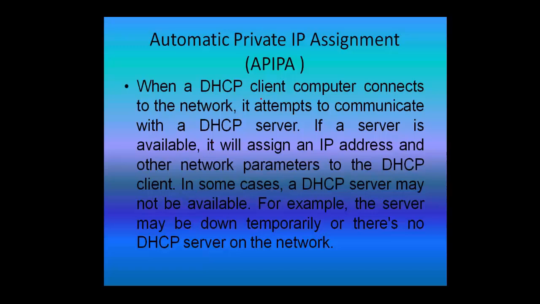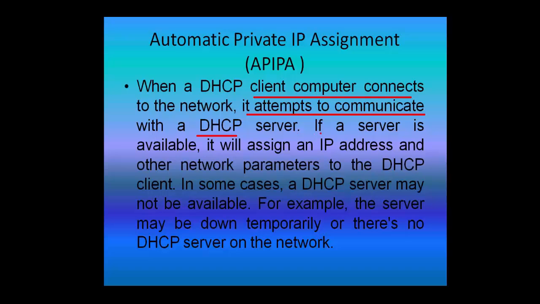When a DHCP client computer connects to the network, it attempts to communicate with the DHCP server. I hope you know about the DHCP server, Dynamic Host Configuration Protocol, where you configure an IP series or block or subnet. So it automatically assigns the IP to the other machines in the network from that series.